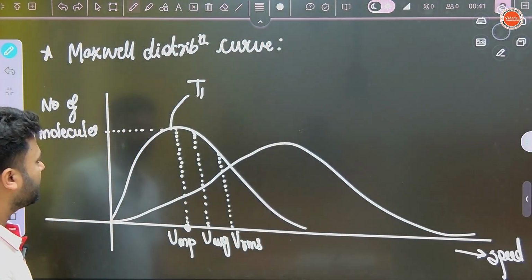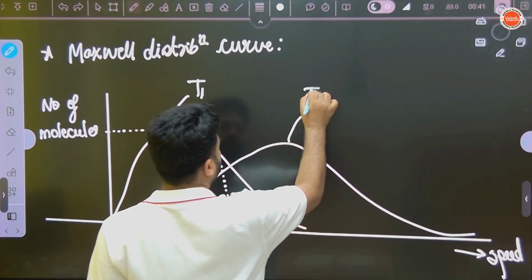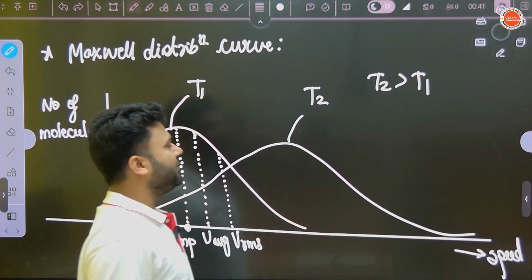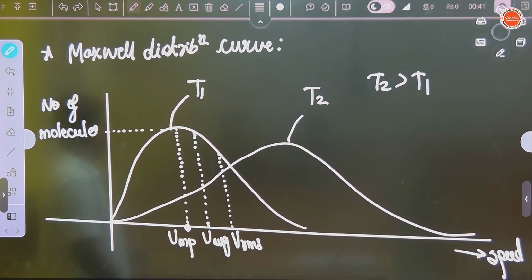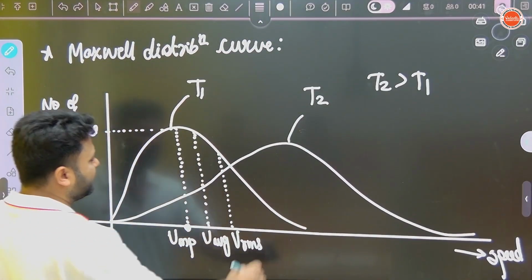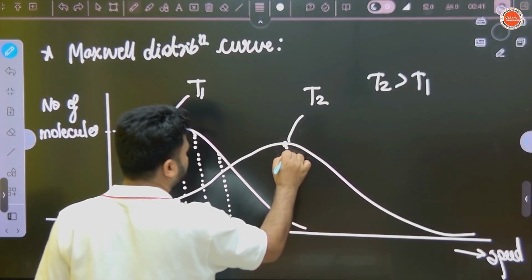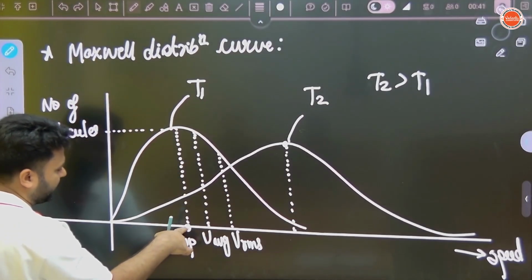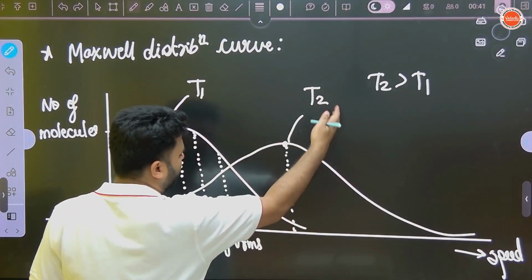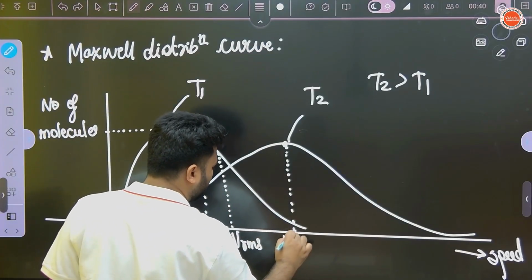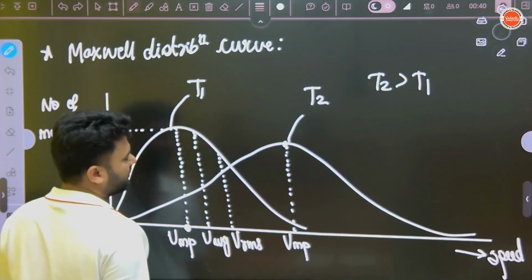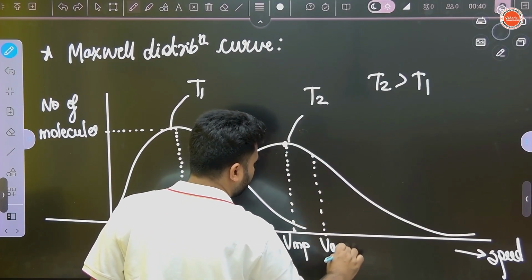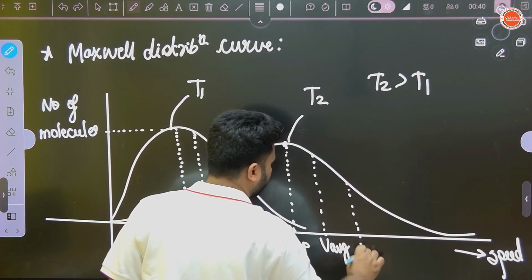See, this temperature T2, I am saying it is greater than T1. So here all the speeds will be more. For this T1, the most probable speed was here. For this T2, because T2 is more, the speed will also be more. So V most probable will be here. Similarly, V average for this will be here. Similarly, V RMS will be here.